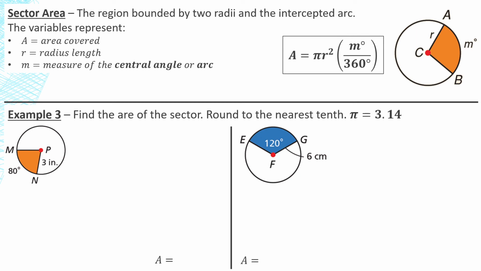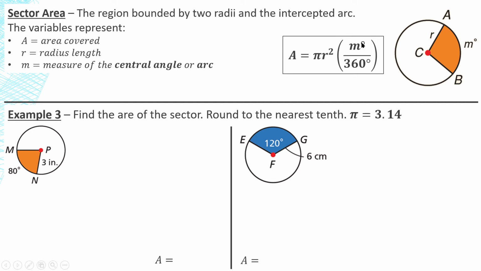So again, since we're talking about area, notice the formula features the area of the circle, pi r squared. If we ignore the m over 360, pi r squared is the formula for the area of the whole thing. And again, we're looking for a fraction of the area, which is why this m over 360 comes into play.